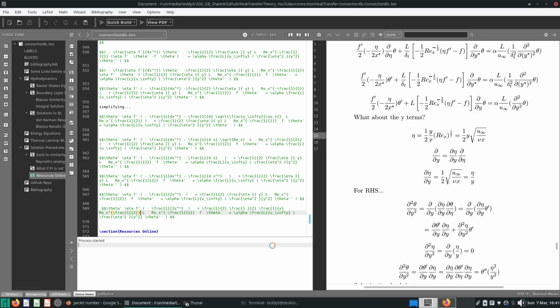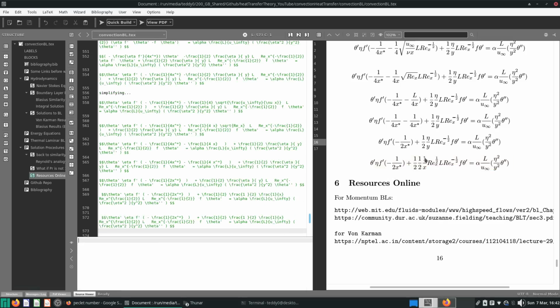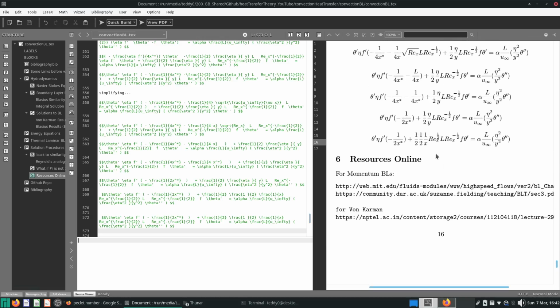And again we're going to see some nice cancellations. Let's cancel things out. The Rex and Rex will cancel out. You see this L and X, we will combine into X star.